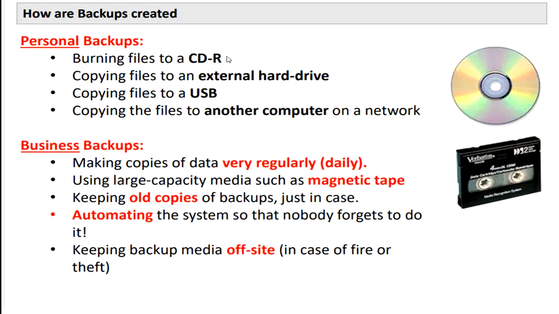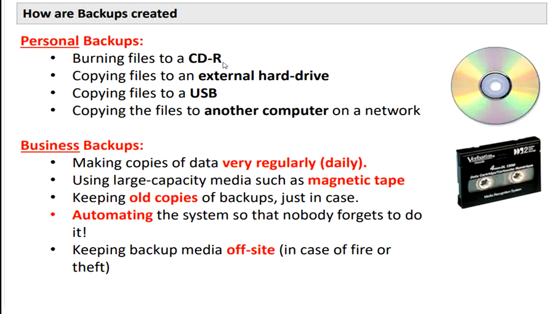Having a CD-R means it will be read only. We copy what we need onto the CD once. We cannot delete what we added on a CD. That's why it's read only, okay? It will be used just once.